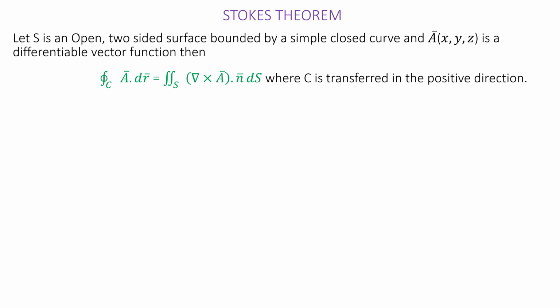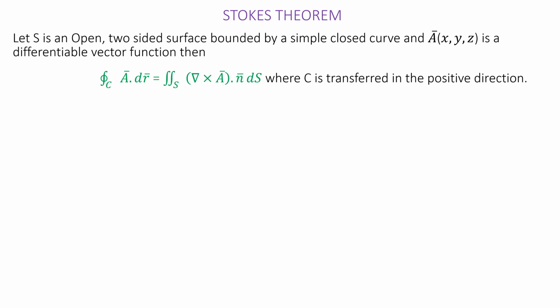The next one is Stokes theorem. Let S be an open two-sided surface bounded by a simple closed curve C, and A bar(x, y, z) is a differentiable vector function. Then the circular integral of A bar dot dr bar is equal to the surface integral of del cross A bar dot n bar dS, where C is traversed in the positive direction.